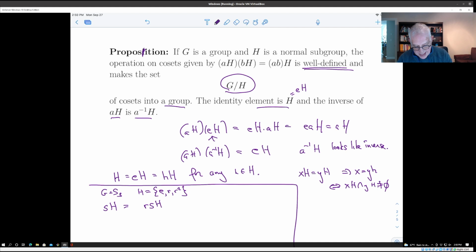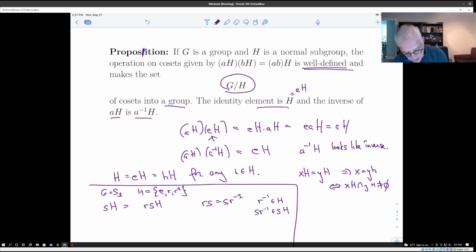And the way to see that, well, the easiest way maybe, is to show that they have an element in common. And what's the element that they have in common? Well, RS is SR inverse. And R inverse is in H, so SR inverse is in SH.